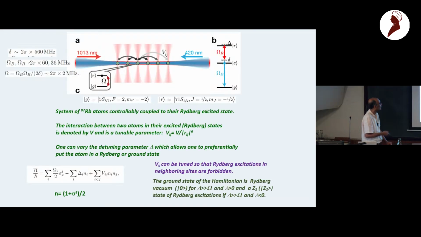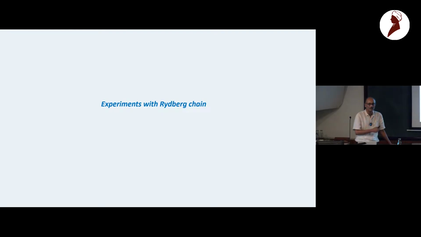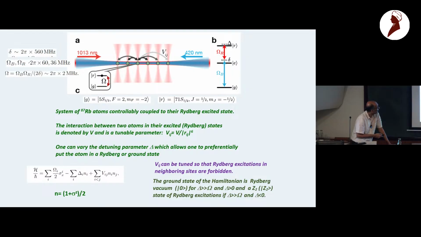So, okay. Let me get into this other platform, which has been very much the subject of active research. These are the Rydberg platforms where you take rubidium-87 atoms, whose ground state has the following configuration, and the excited Rydberg state, which is another stable state, but it's quite excited, essentially 71 S 1/2. It has a hugely large atomic number.